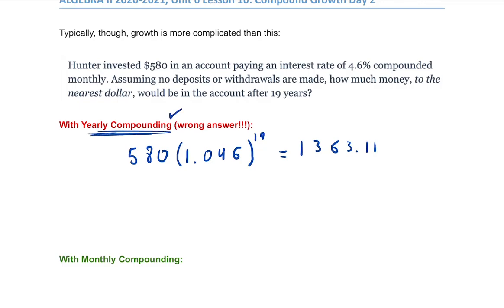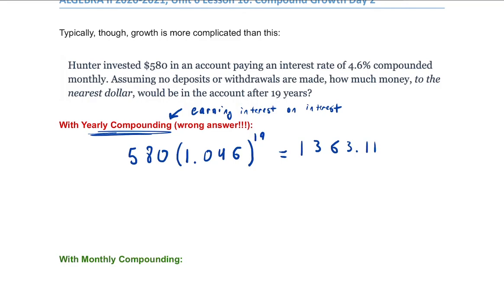This word compounding means more or less earning interest on interest, right? The bank pays you interest, and then your interest starts earning interest. And it starts out as not a little bit, but it grows and it grows and it grows. Or like if you're a bacteria, you grow by splitting in half, and then each of your parts that split in half splits in half.